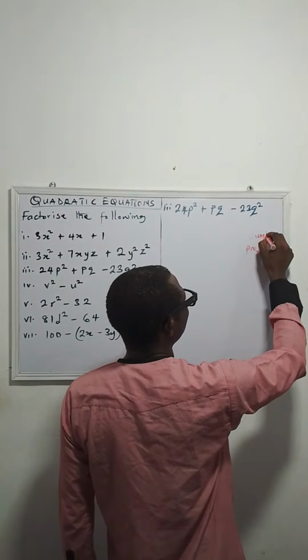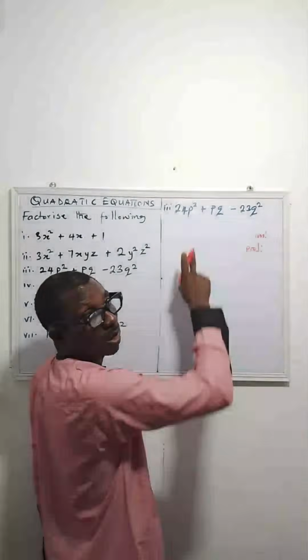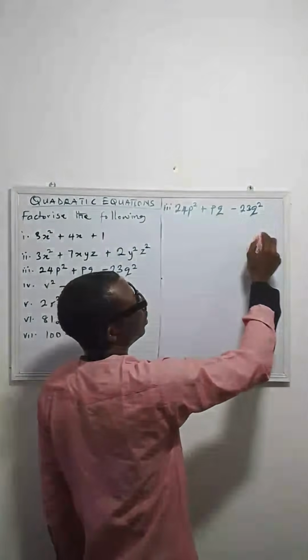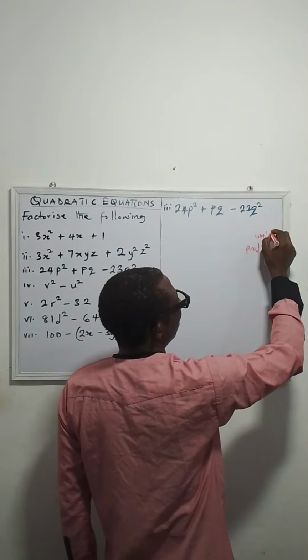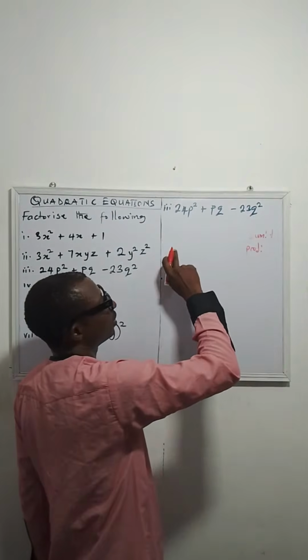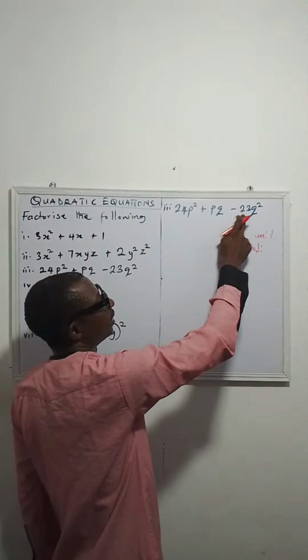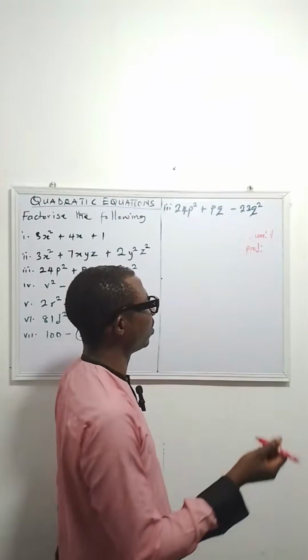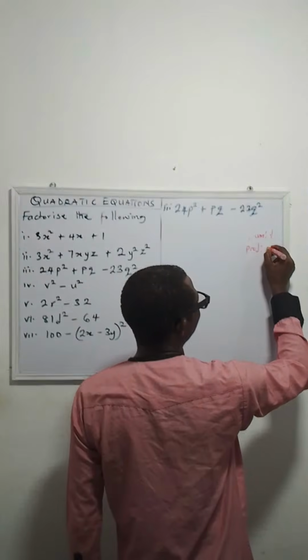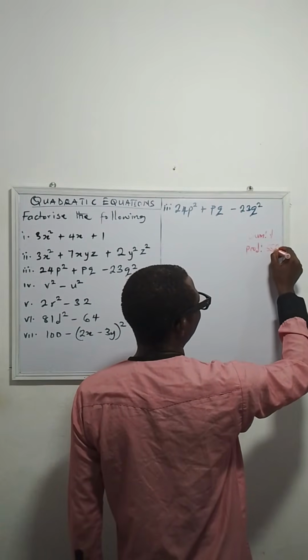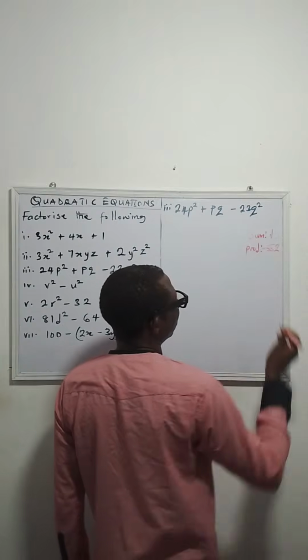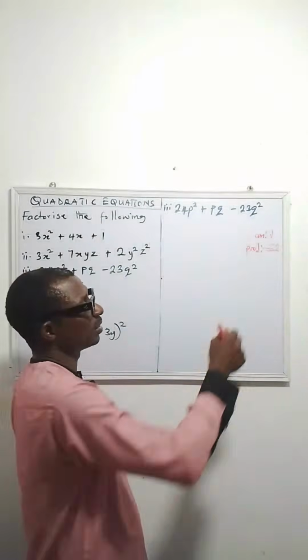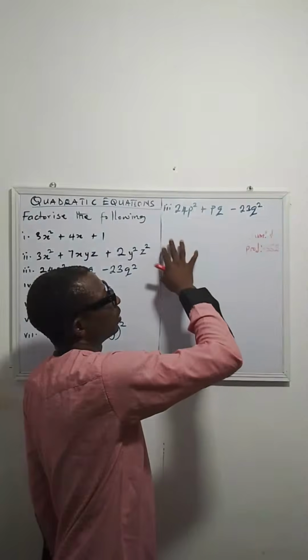As usual, the sum is 1 here, the coefficient of pq. And what is the product? The product is the multiplication of 24 and negative 23, so that's going to be a big number. I think that's negative 552.